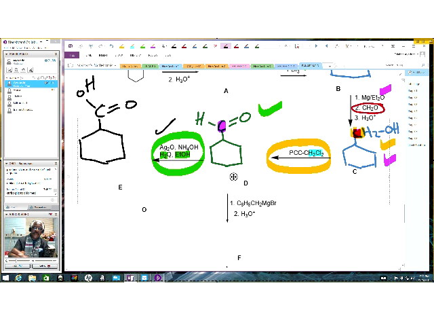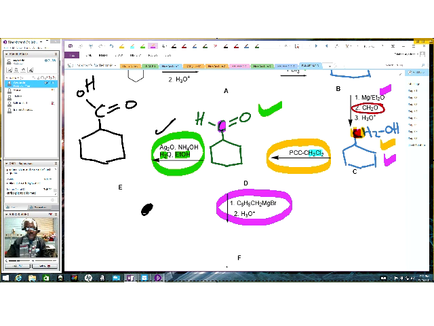Let me just take this one out. Don't need this here. Okay, so now let us go to this reagent here, and let us also erase some of this so we don't get confused with all of these colors.